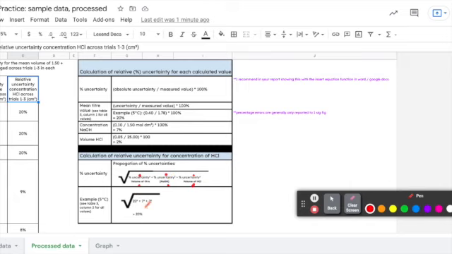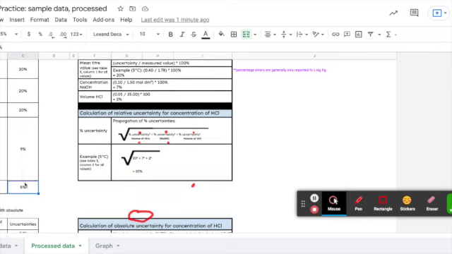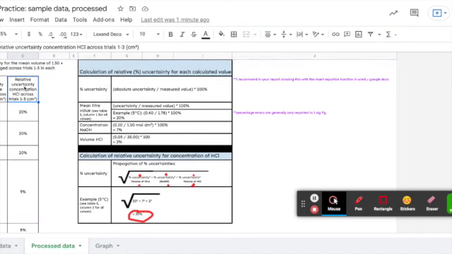So I take this uncertainty and then I round. Again, percentages we generally report with just one significant figure. So this actually just rounds down to 20%. And that's for the first trial, but I did that for all of the trials. So that's how I got these values here in this third column.